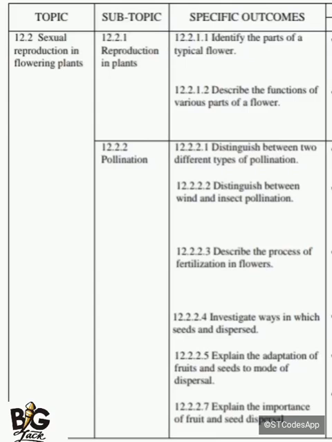For example, you need to know how to distinguish between wind and insect pollination. Apart from that, you need to describe the process of fertilization in plants. You need to explain the process, and if you want, you can even include diagrams. This is section B. Okay, let's move on to the next one.